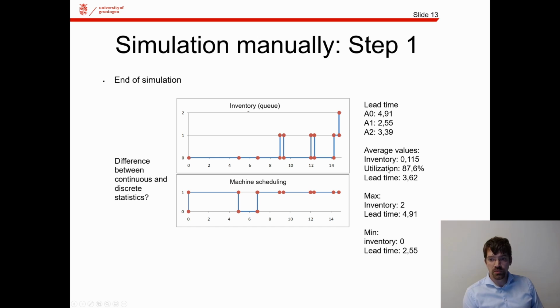The same goes with the utilization. You sum up the area of this chart and divide it by the simulation time. Or you take the integral of this graph and divide it by the simulation time of 15 time units. Then you identify utilization of 87.6%.